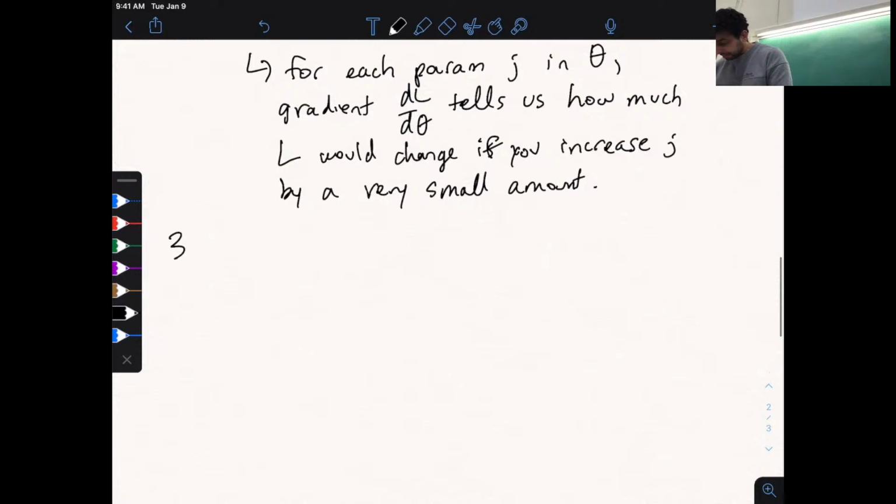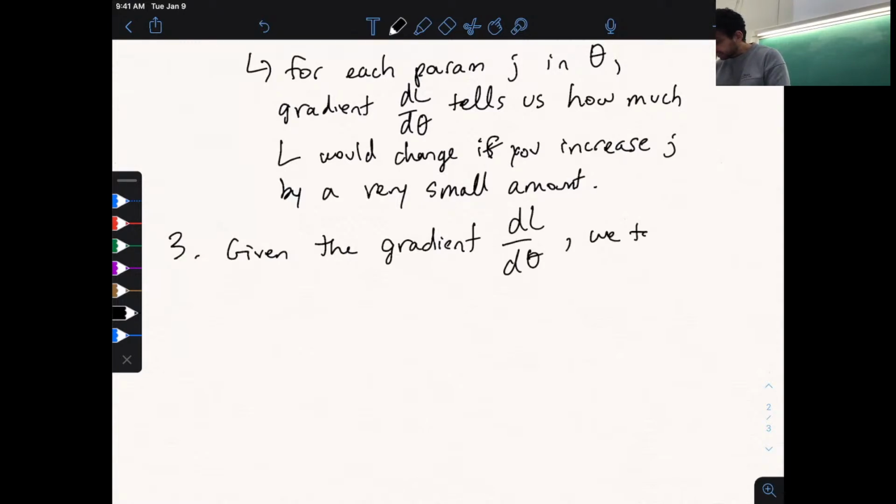So that's step 3. Given the gradient dL d theta, we take a step in the direction of the negative gradient.